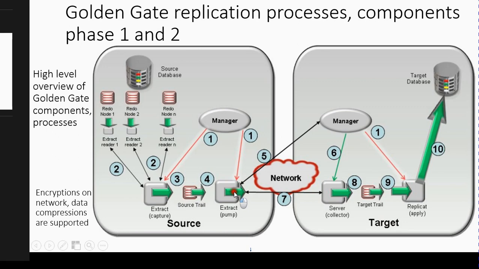The queue is sort of like a waiting environment where the transaction data is getting ready to be transferred over to the target system. So the extract process prepares the transaction data, puts it in the trail files, and gets it ready to be sent to the queue, where it's going to be transferred over to the target database system.